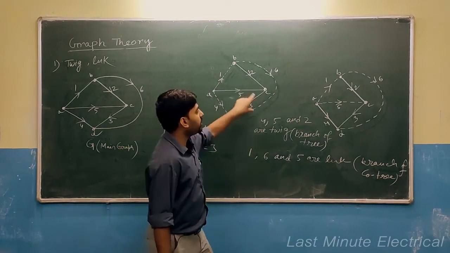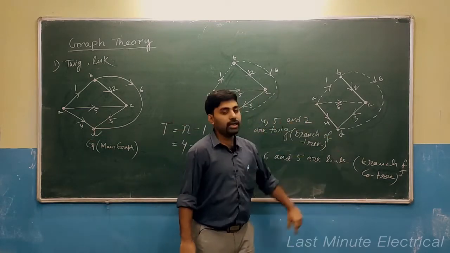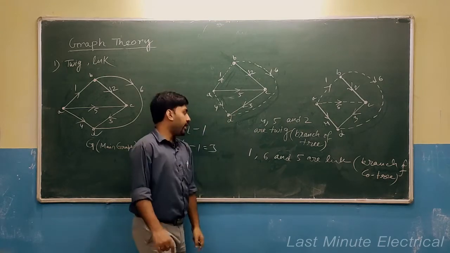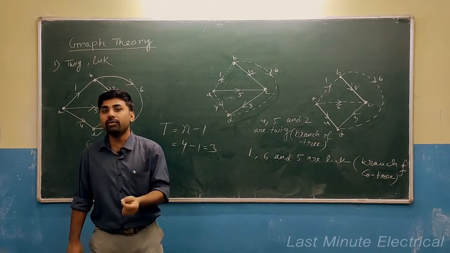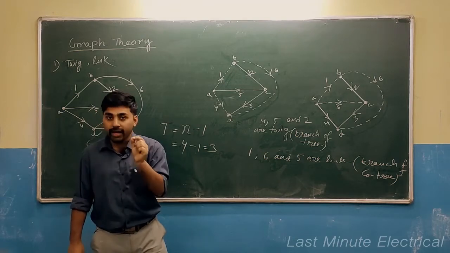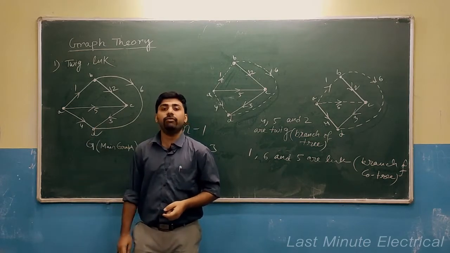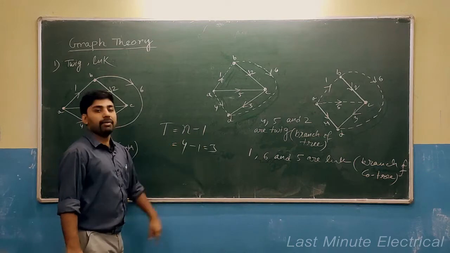Okay. This is one tree, this is another tree of this given graph. Both these trees contain 3 twigs. Why? Because the number of twigs is always equal to n minus 1, where n is the number of nodes present in the given graph. Okay. So the number of twigs is equal to n minus 1.